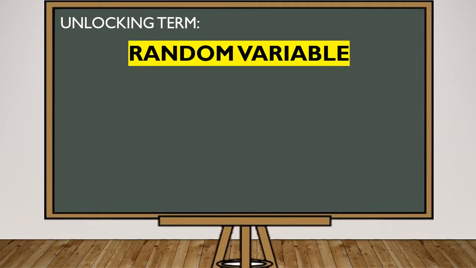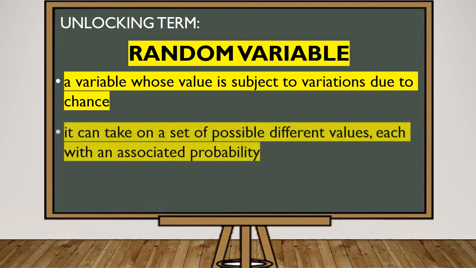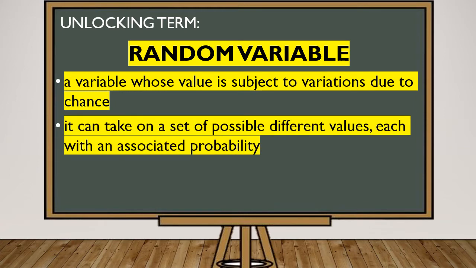Next is random variables. This is still a review. A random variable is a variable whose value is subject to variations due to chance. So the value of our random variable is determined by chance or probabilities. It can take on any set of possible different values, each with an associated probability.